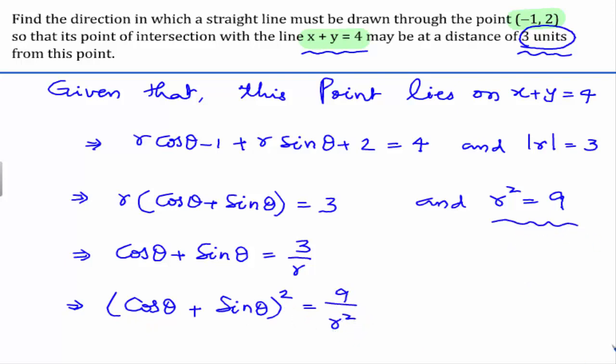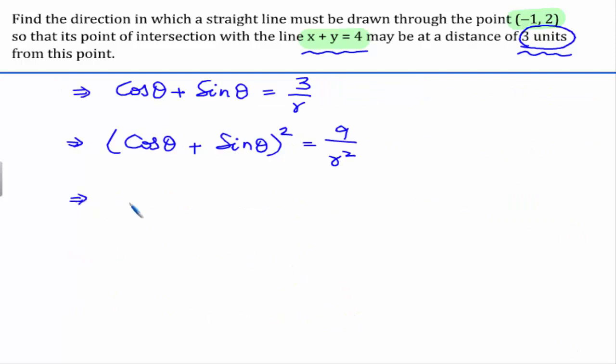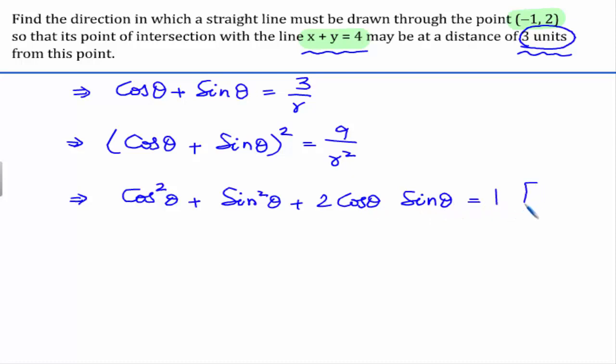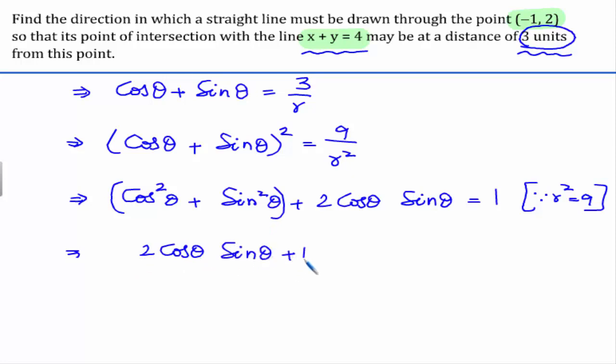But here r square value is 9. So therefore we get cos square theta plus sin square theta plus 2 cos theta sin theta is equal to 1, since r square is 9. So the value of this is also 1. So we get 2 cos theta sin theta plus 1 is equal to 1. So the value of this is sin 2 theta is equal to 0.